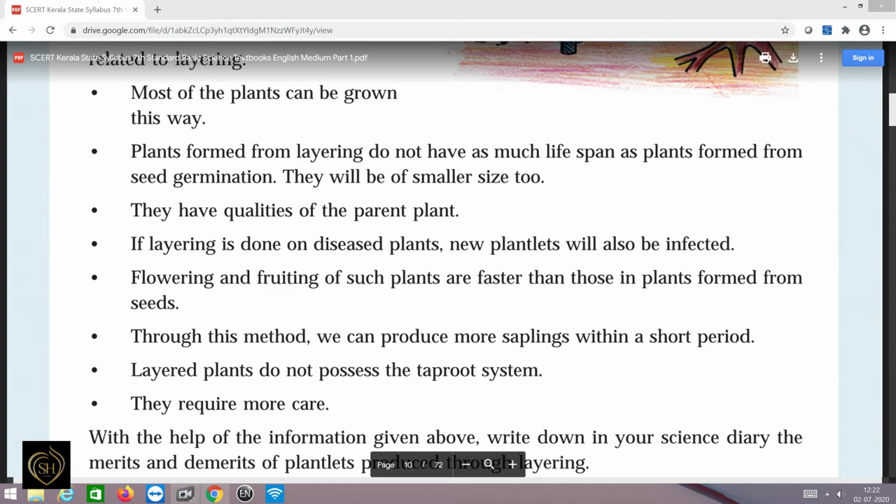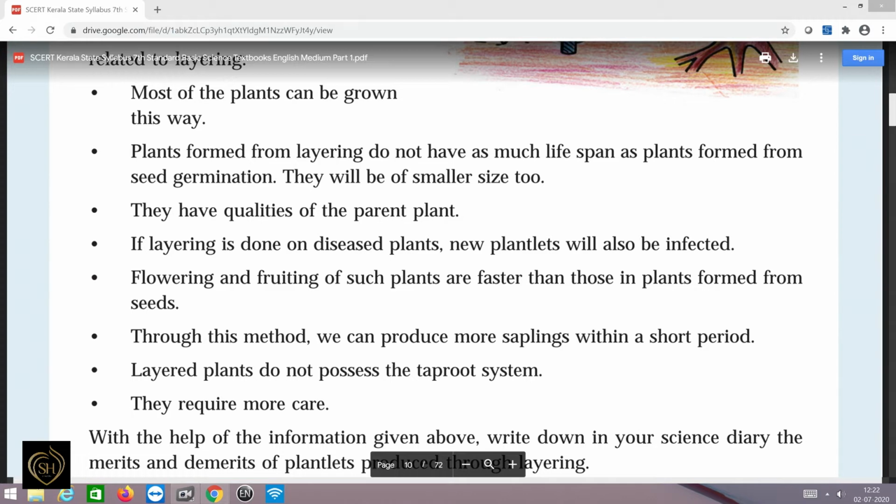Next, flowering and fruiting of layered plants are faster than those in plants formed from seeds. That is a merit of layering.